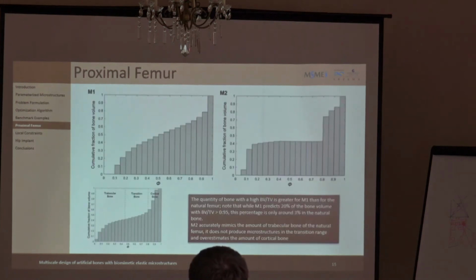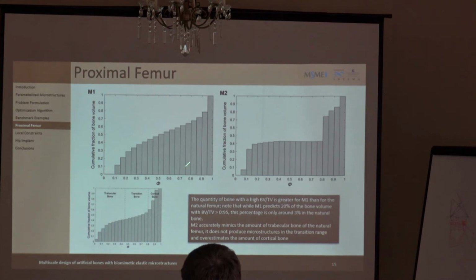Finally, if we look at the graphic of the cumulative fraction of bone volume against the volume fraction, the pattern that we obtained for model 1 is actually closer to what we see in the actual bone.